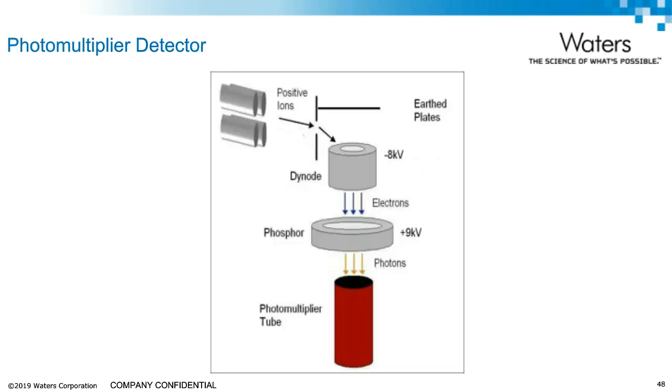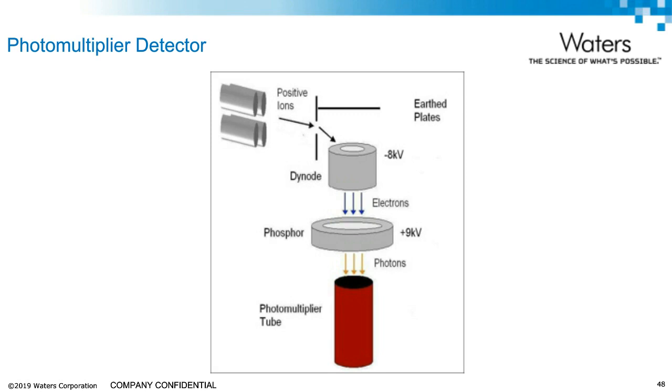The second common detector found in many MS instruments is the photomultiplier detector. In the photomultiplier detector system, or PMT, the electrons created from the conversion dynode strike a phosphor screen. The excited phosphor emits photons. The photons strike a photocathode at the front of the photomultiplier to produce electrons, and the signal is amplified by the multiplier.